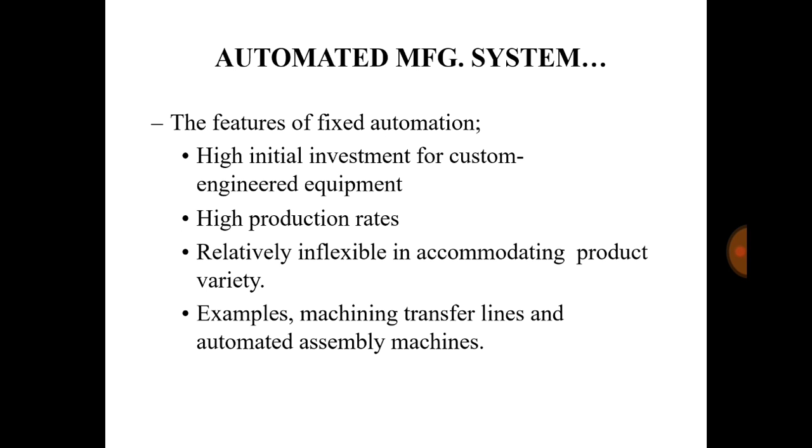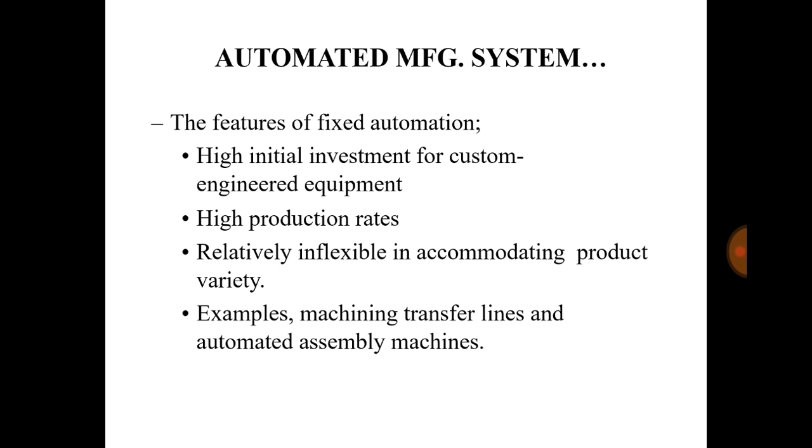As there is a variation in product, this system will fail there. This system is made for a specific product only. You cannot change the product, or there should not be any variation in the product. Examples are machine transfer lines and automated assembly lines.